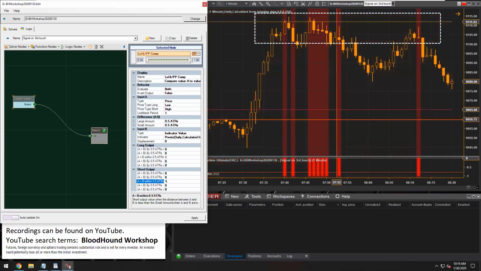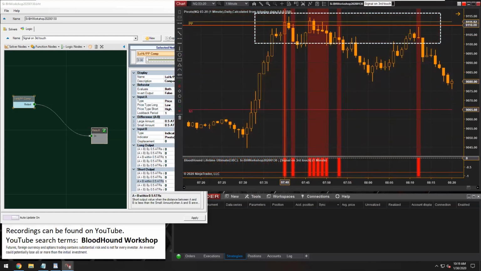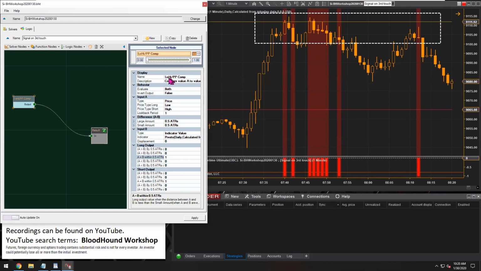Like so. Okay, and so there we go. So we have a bunch of bars here that are getting within half an ATR there, right? Okay, and that's using the high and low of the bar.